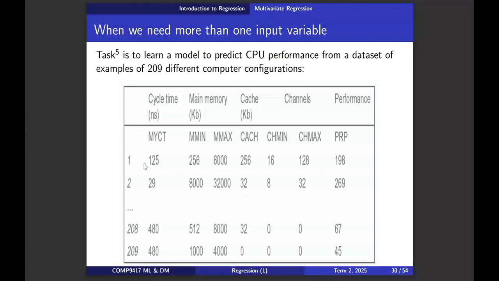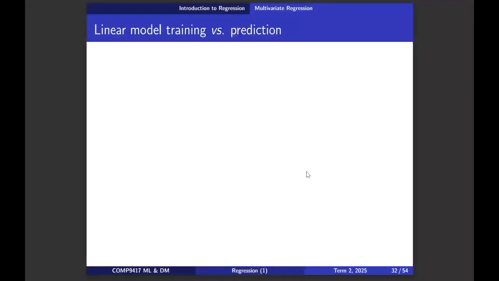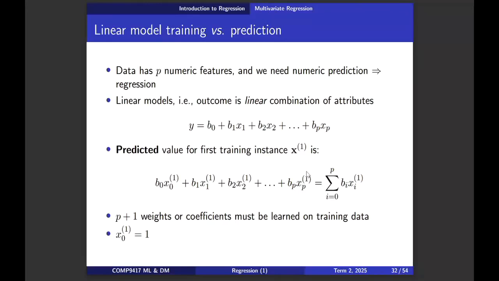So we need a coefficient for each of these. So x1, b1 is the coefficient for x1, b2, and then all the way up to bp is the coefficient for xp. So there are p equals 6 in this case. They're actually p plus 1 parameters, so 7 parameters. So that's what this means here.